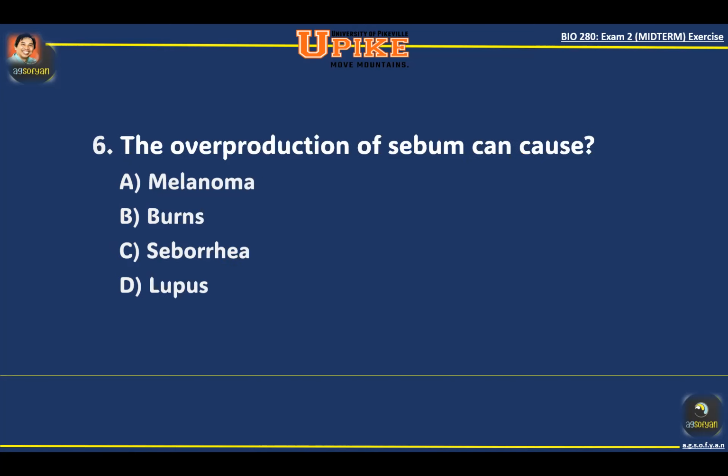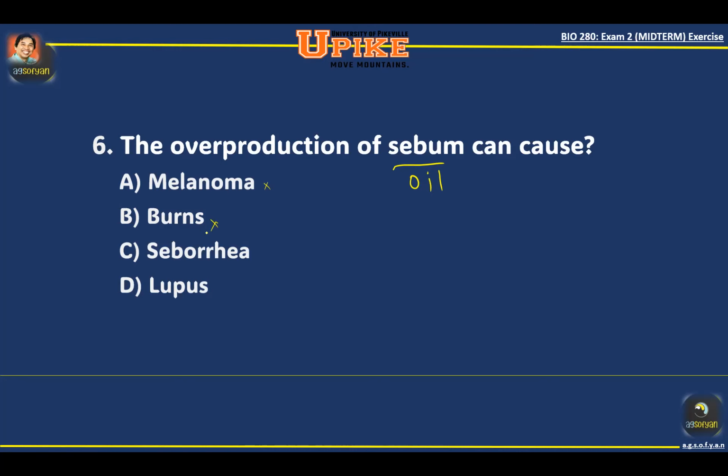Next one. The overproduction of sebum, sebum means oil, can cause a melanoma, burn, seborrhea, or lupus. Melanoma is a skin cancer. Burn, of course, is a skin burn, maybe by light or fire, or maybe acid.